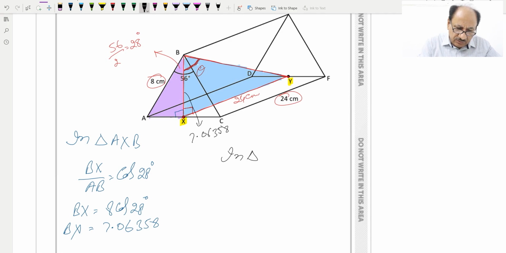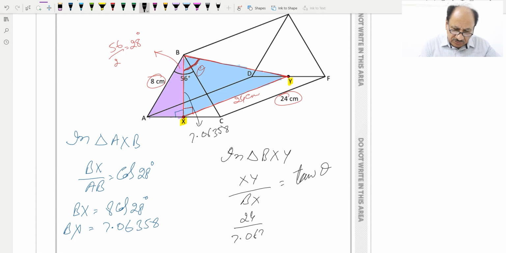In triangle BXY, XY over BX will be equal to tan of theta. So tan theta, this will be 24 over 7.06358 is equal to tan theta.